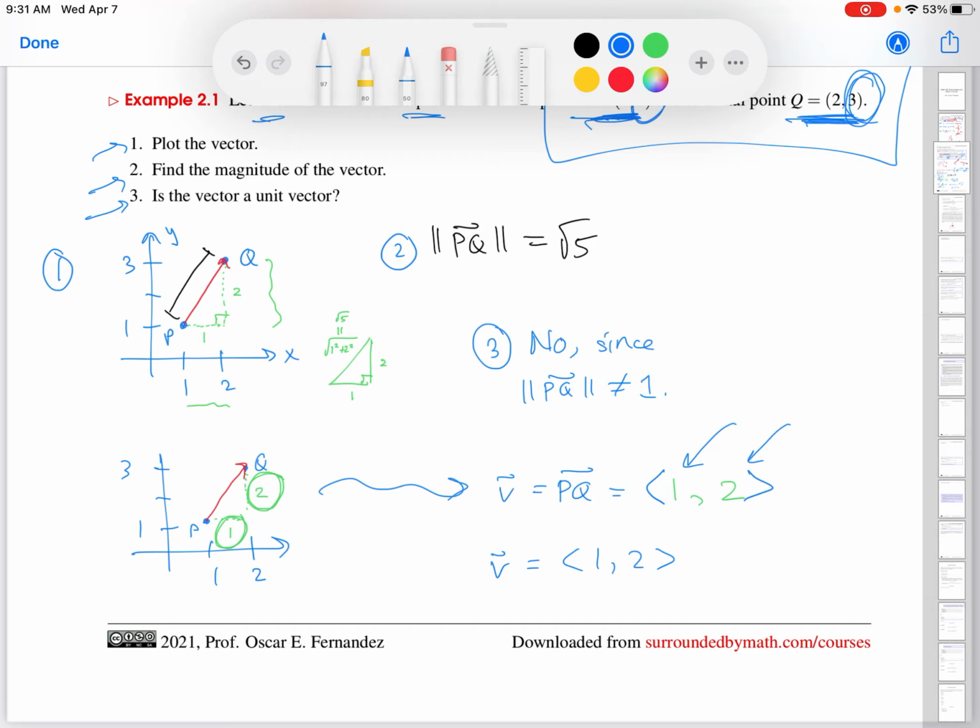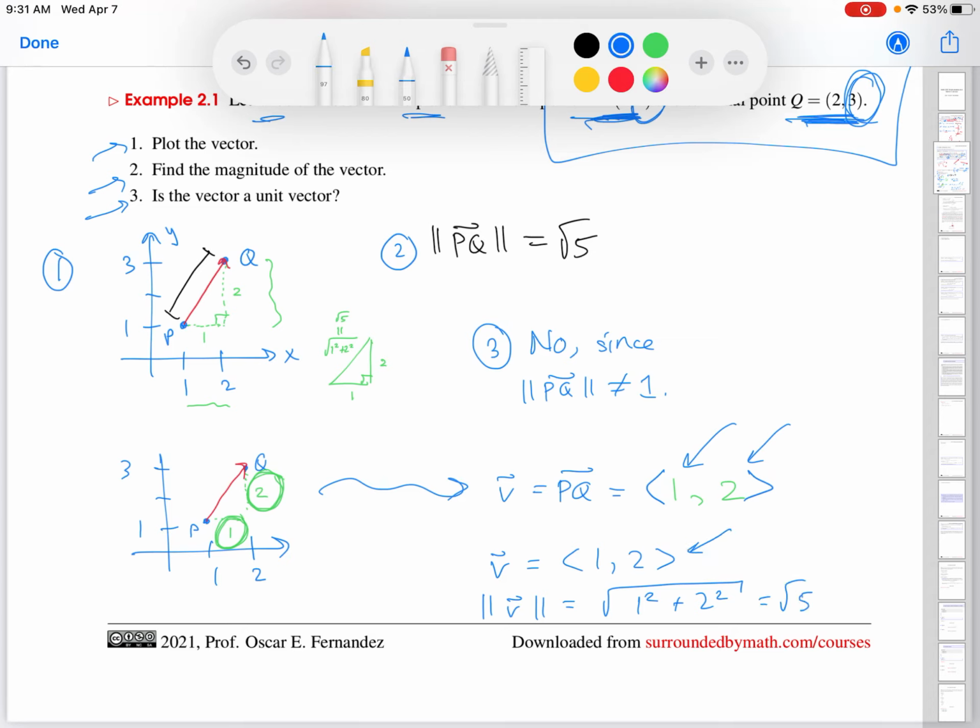I actually don't need to tell you where the initial point is, because this vector has a certain magnitude. Let's calculate its norm. Well, it's the square root of 1 squared plus 2 squared. Why? Because remember, 1 was the base of this triangle and 2 was the height. So this is the magnitude of the vector.